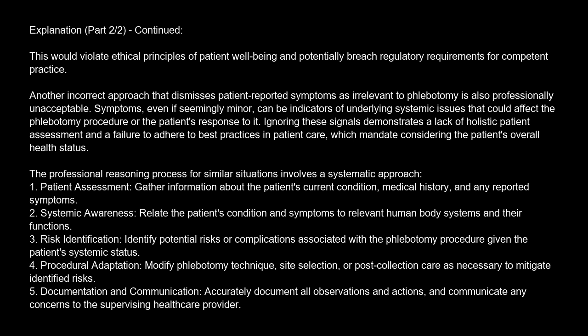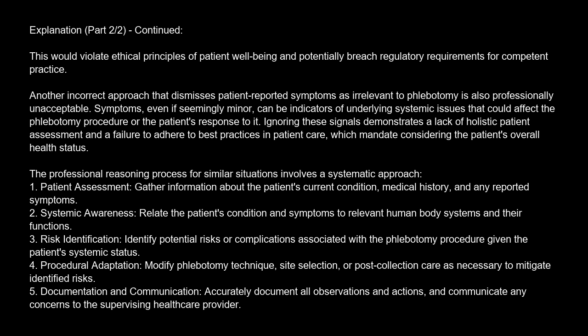The professional reasoning process for similar situations involves a systematic approach. 1. Patient assessment. Gather information about the patient's current condition, medical history, and any reported symptoms. 2. Systemic awareness. Relate the patient's condition and symptoms to relevant human body systems and their functions. 3. Risk identification.